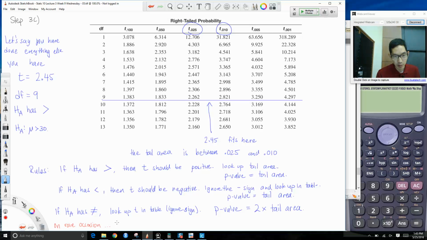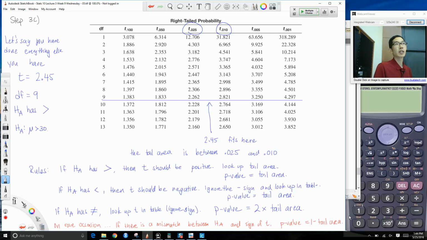So if there's a mismatch between the alternative and the sign of t, then the p-value is equal to 1 minus the tail area. But I would say that happens only if there's a mismatch between your data and your hypotheses.